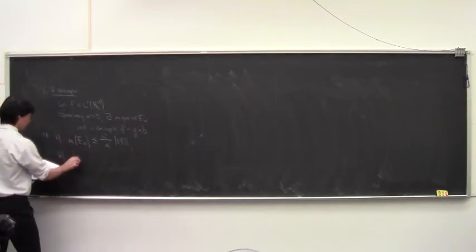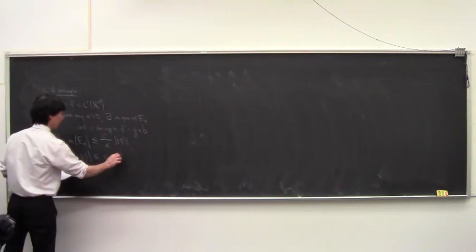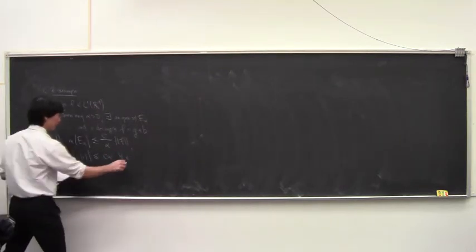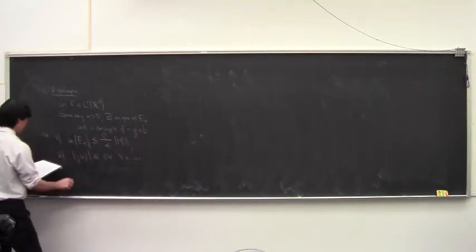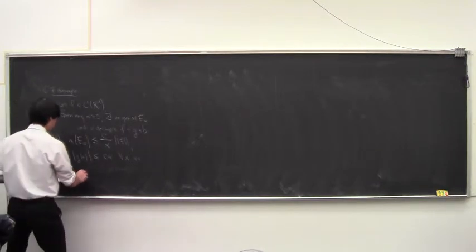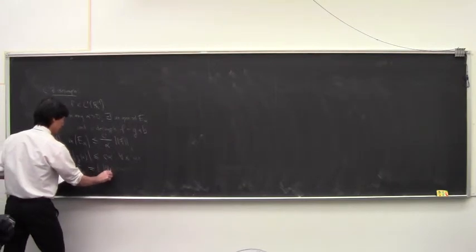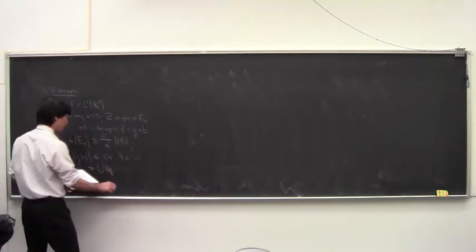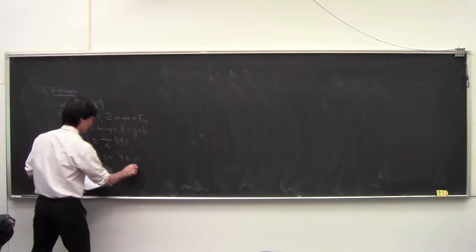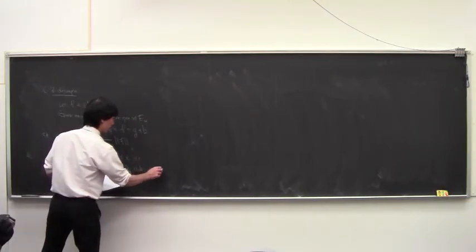Two, the size of g is controlled by C times alpha for almost all x. And three, E alpha can be expressed as the union of cubes Q_k with disjoint interiors.